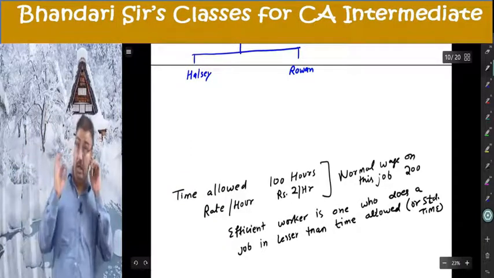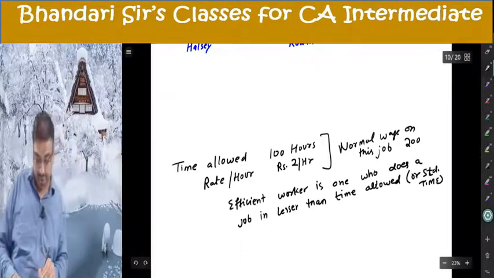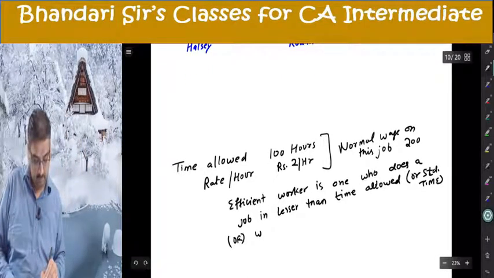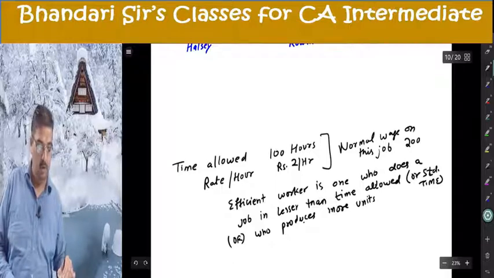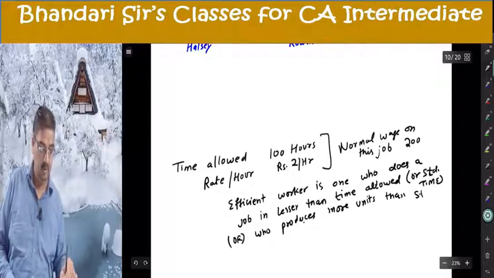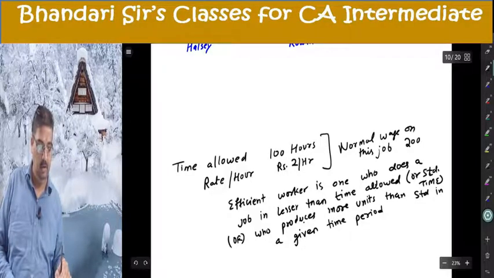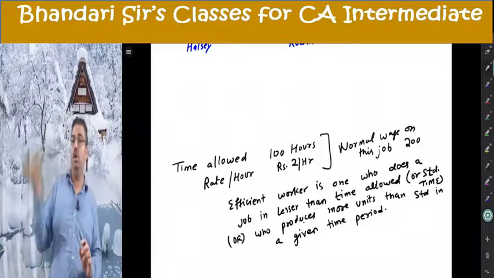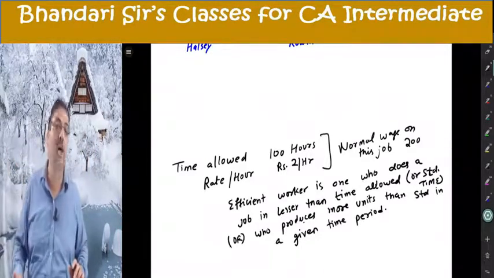Any worker who does a job in lesser than standard time is efficient worker, or who produces more units than standard in a given time period. Either you produce more units than standard or you take less than the expected time or allowed time.